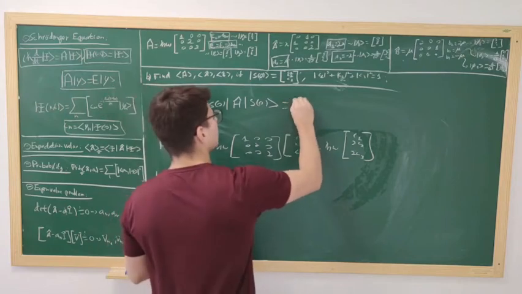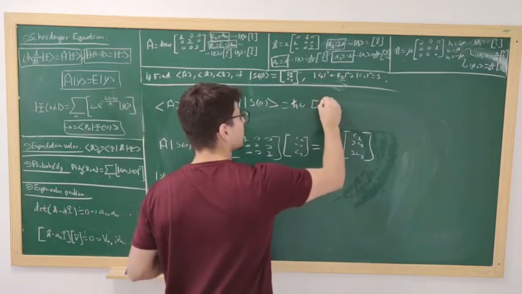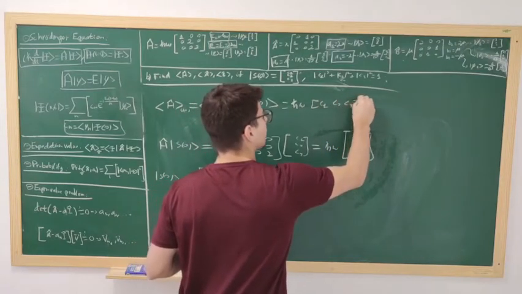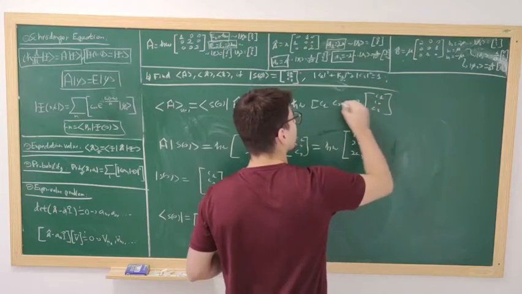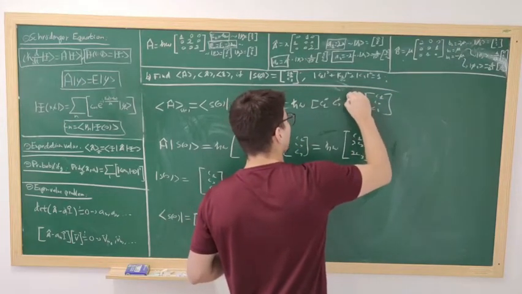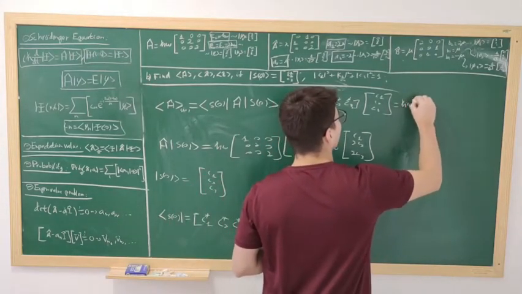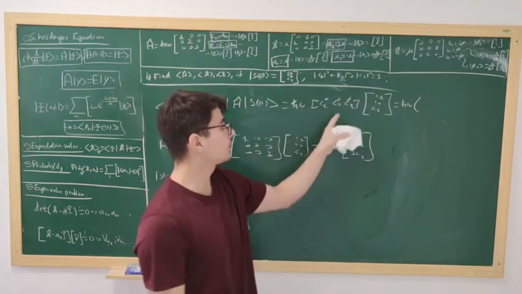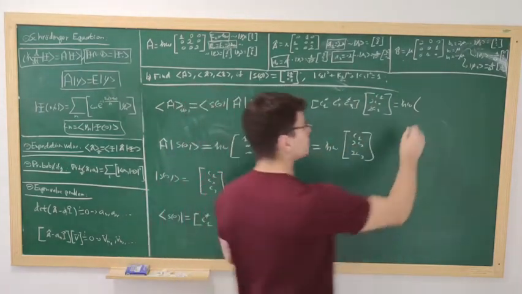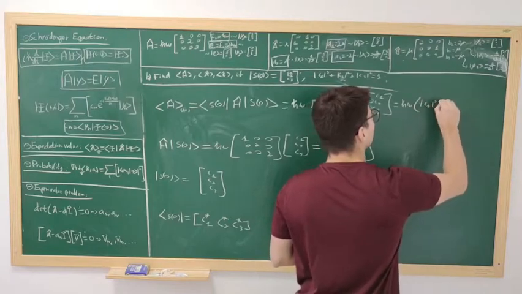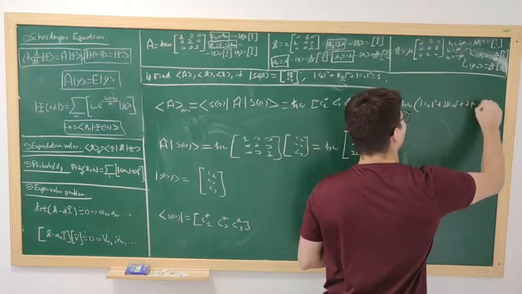So we have H omega, the bra C1, C2, C3 complex conjugate, times this column vector. C1 conjugate times C1 is just its modulus squared, plus 2 times the modulus squared of C2, plus 2 times the modulus squared of C3.